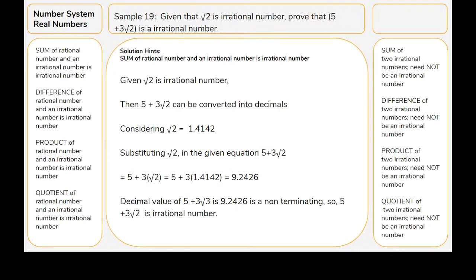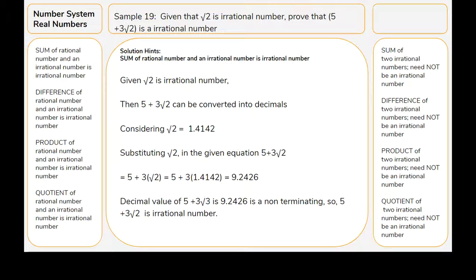Sample 19. Given that square root 2 is an irrational number, prove that 5 plus 3 square root 2 is an irrational number. Solution hints. Sum of a rational number and an irrational number is an irrational number. Then 5 plus 3 square root 2 can be converted into decimals.